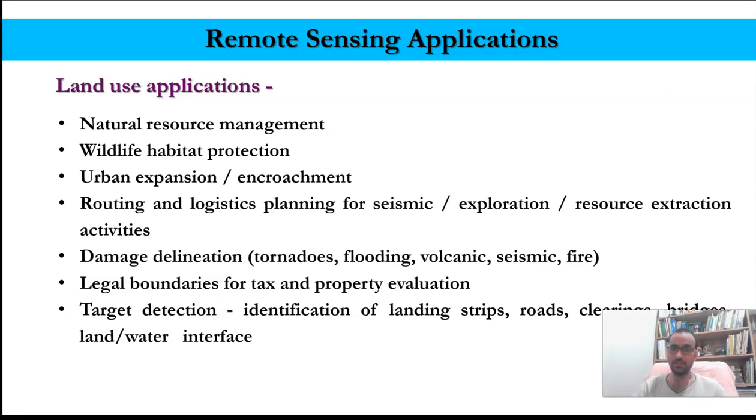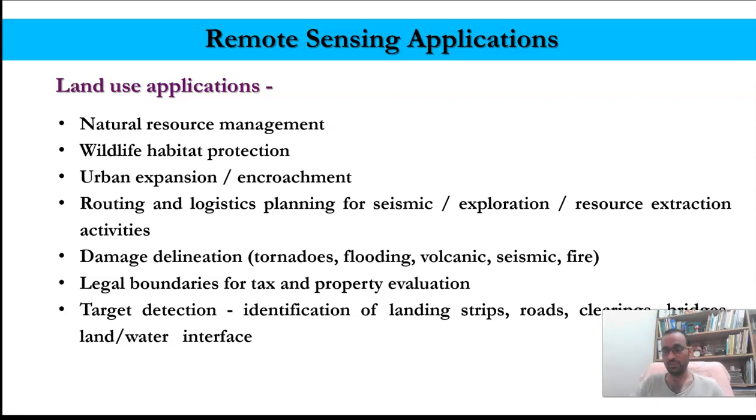Routing and logistic planning for seismic exploration and resource extraction activities. Damage delineation, like from the past we have had lots of disasters like cyclones, tornadoes, hurricanes, flooding, volcanic eruptions, and seismic events, and different wildfires also. So you can estimate the changes or damage. And also legal boundaries for tax and property evaluation.